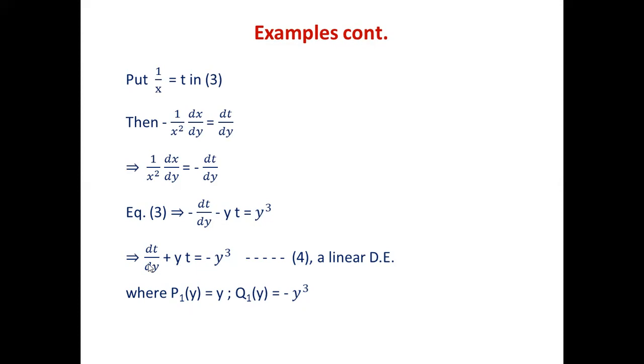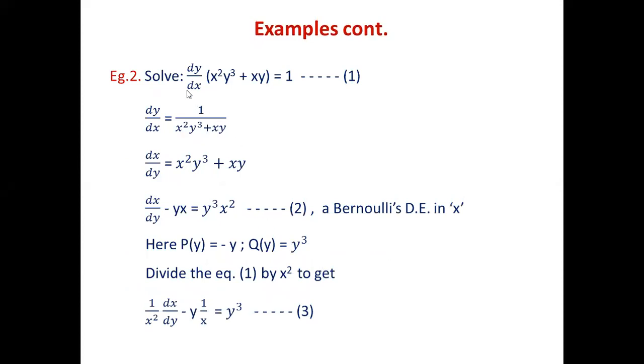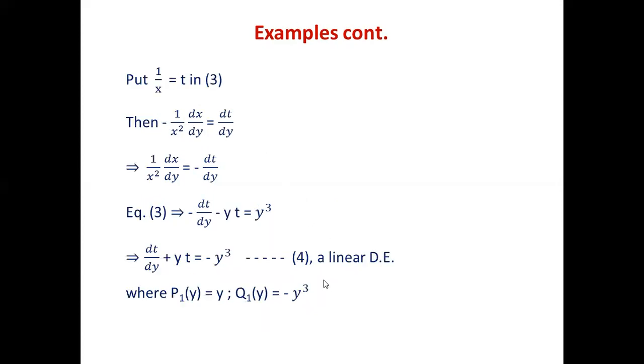So a linear differential equation in t. So you reduced a Bernoulli's equation into a linear differential equation in t. Now, this is a standard linear differential equation in t. So identify P1 of y, Q1 of y.